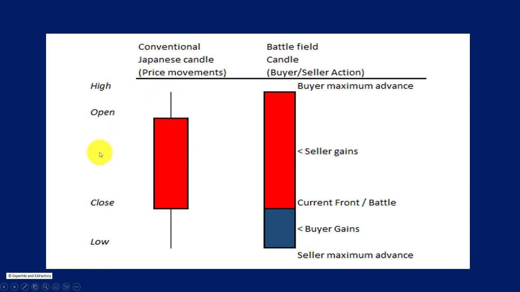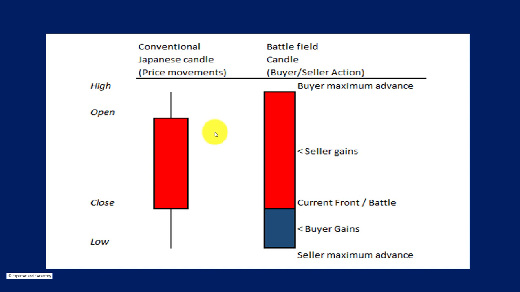And all of this information is based on price movement. So when you look at Japanese candles, you are looking at price movements, and that is the philosophy that you are using when you trade those candles.